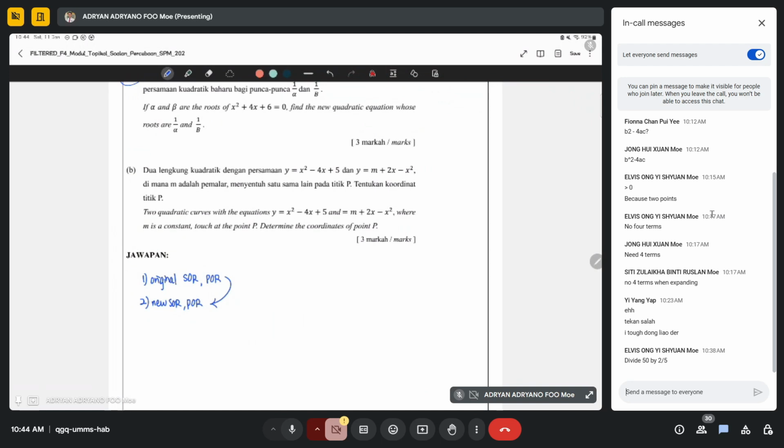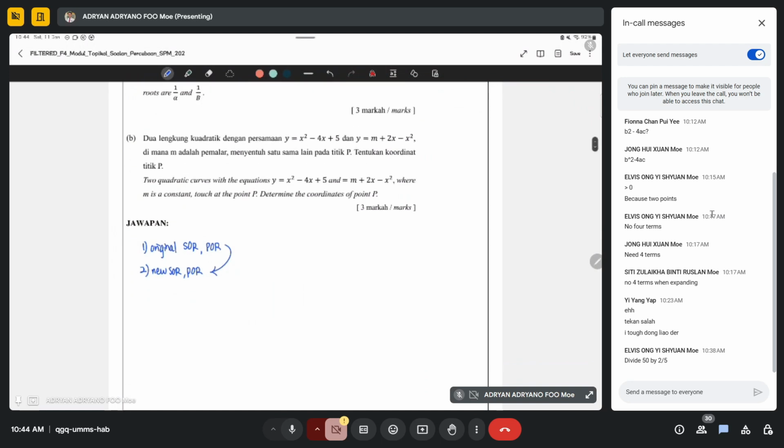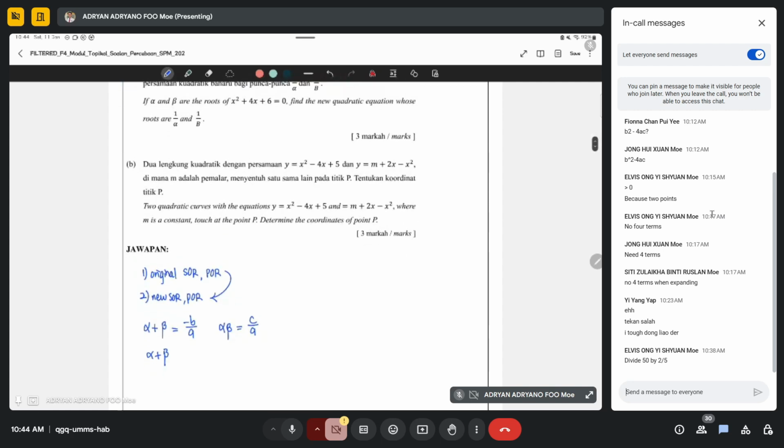So let's say here alpha plus beta equals to 减 B over A. Now alpha beta 等于 C over A. 麻烦你们这样子 show，不要写 original SOR equals 什么，不要这样子，这个是错的。一定要写你的 roots 原本的 roots 什么。So alpha plus beta equal negative B over A. So let's say 这个我 directly 的 negative 4 over 1.